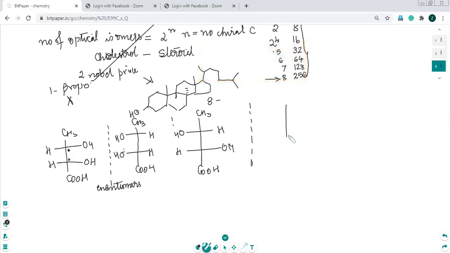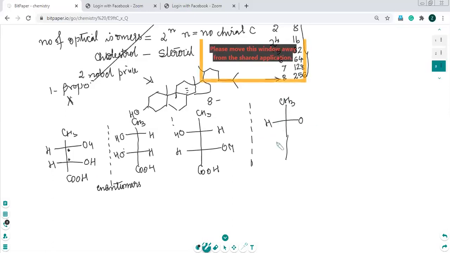These are the 4 forms of the molecule. CH3, H, OH, OH, H, and COOH. So what is the relationship between these two? These two are also enantiomers.